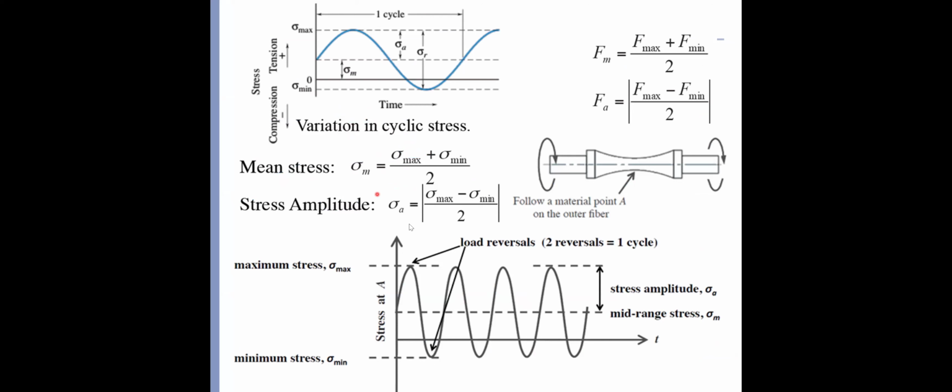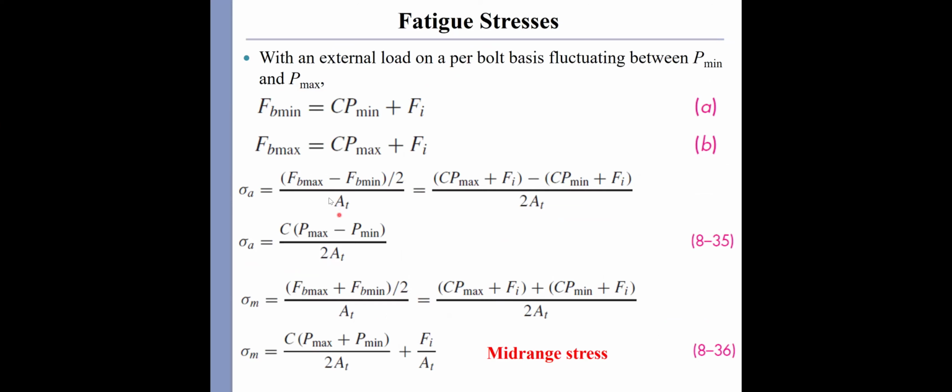So we can get sigma A equals the maximum stress minus the minimum stress divided by 2. We can use this equation for the fastener's alternating amplitude stress, so we get the sigma A of the fastener or the bolt for fatigue.